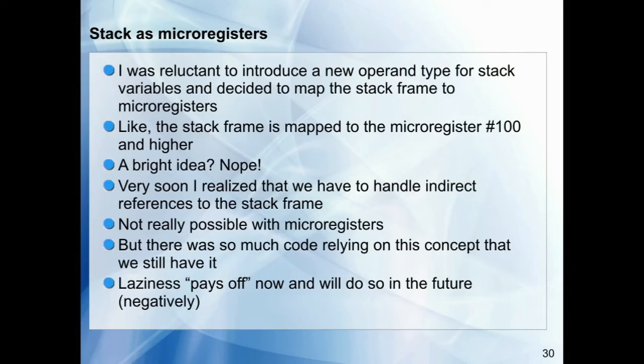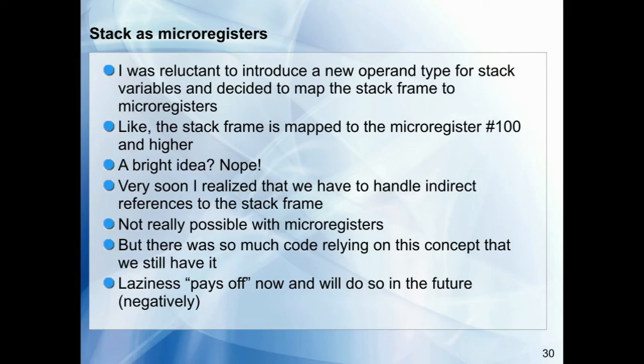And I had no logic to work with the stack variables. And I was lazy and decided, why not just map the stack frame to microregisters? Since we have an unlimited number of microregisters, we can just consider stack variables as microregisters.